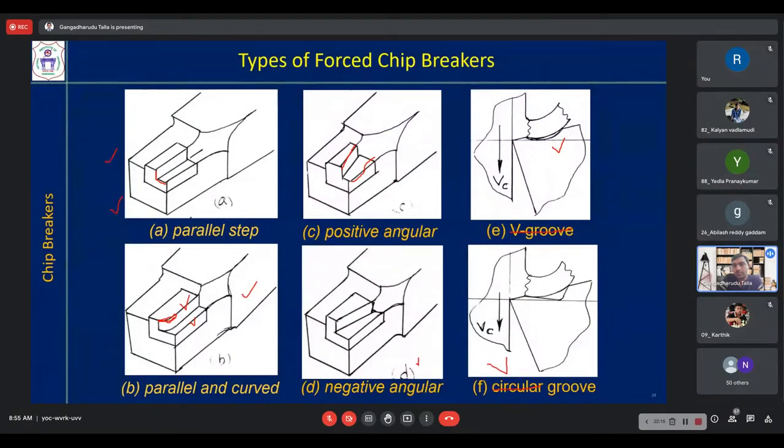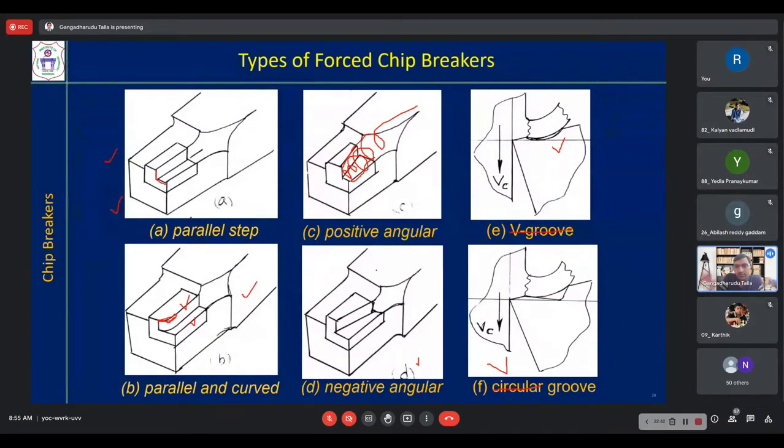Now the other one is positive angular. Here, if you see, the width is increasing towards the operator. So the chip that is coming is going towards the tool or the operator. Chip movement is towards the operator.